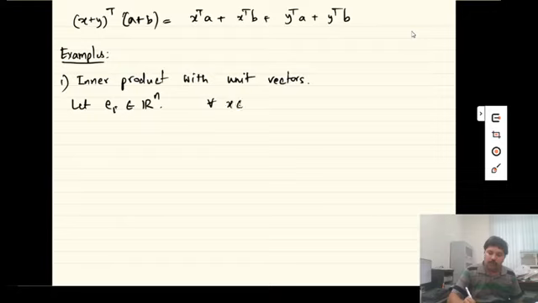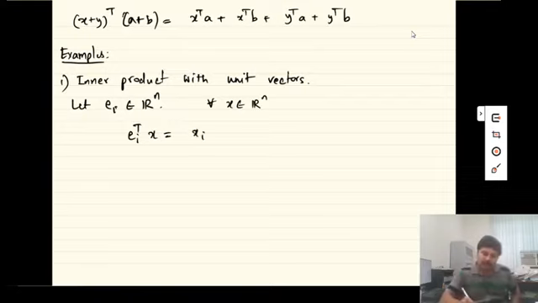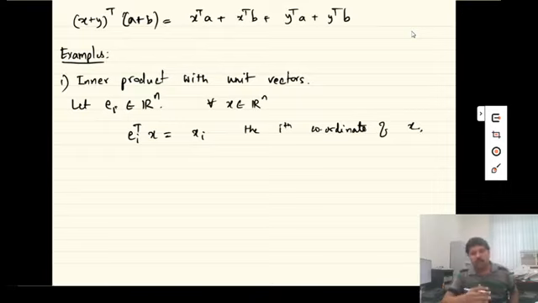Then for every x in Rn, you can define e_i transpose x, and this e_i transpose x will be x_i, the ith coordinate of x. So you do the inner product with the ith unit vector, you get the ith coordinate. Very straightforward but interesting thing.